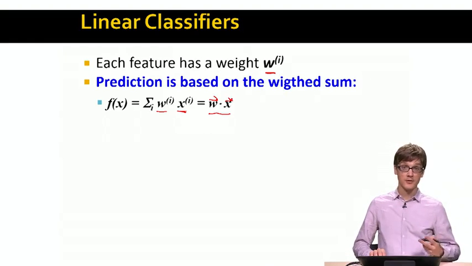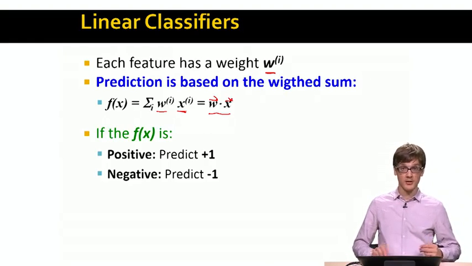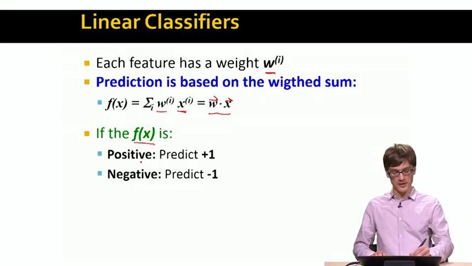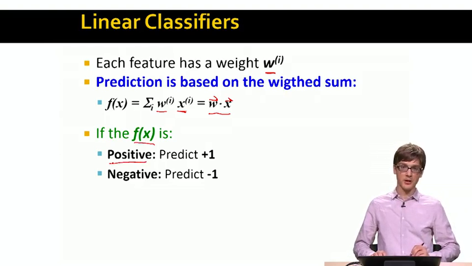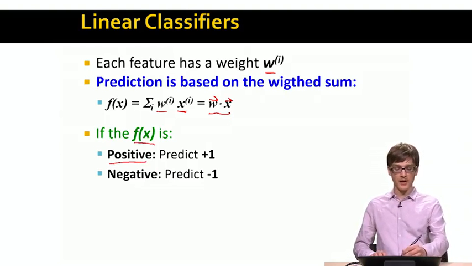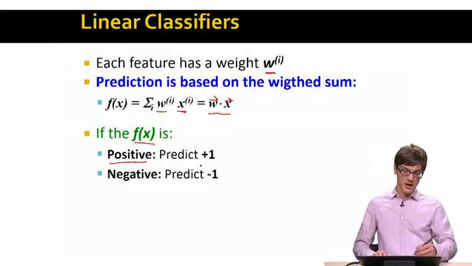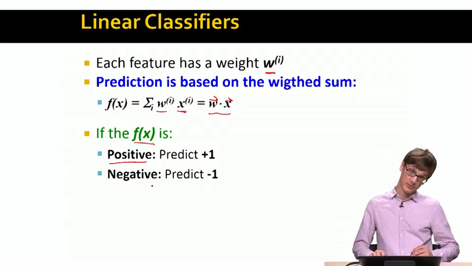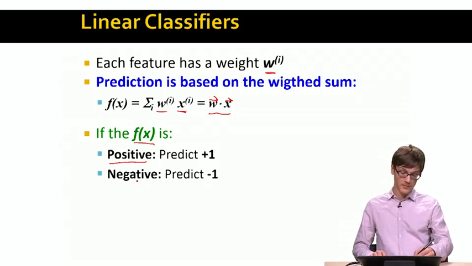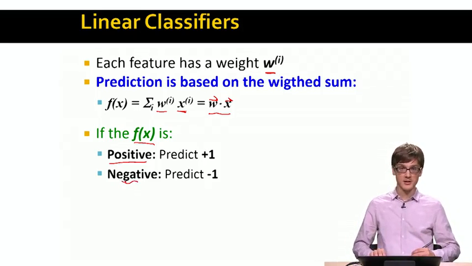And once we have done this dot product, this weighted summation of features and their weights, we simply say that f of x gives a positive prediction if W times x is positive, and it gives a negative prediction, or a different class, if W times x is negative.